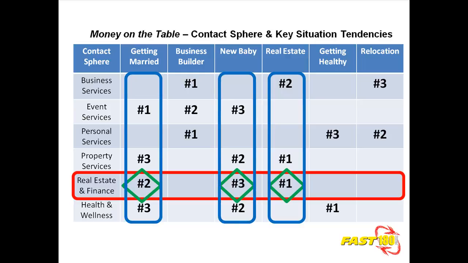The other contact spheres that are frequently dealing with that target market include event services, property services, and of course health and wellness. So again, in the Power Team Certified program, we show you how these different contact spheres and industry groups can make the network visible systematically to attract more referrals, with everybody focusing primarily on their own target market and key situation.